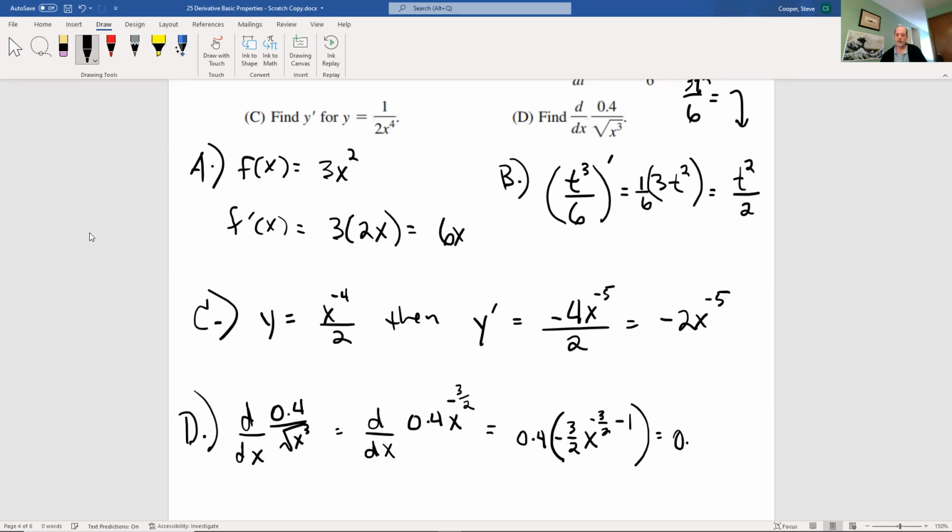So that's negative 3/2 minus 1, which is going to be negative 5/2. Now, if I take 0.4 times negative 3/2, I get negative 0.6 x to the negative 5/2. Okay, so just barely had room, but this is our derivative.